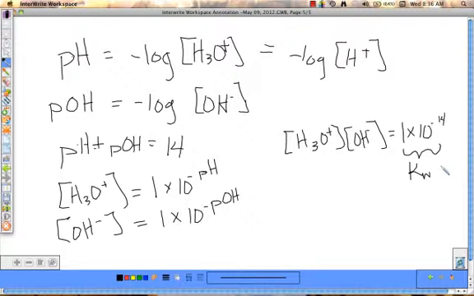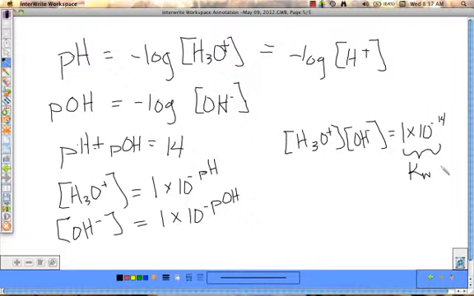It's 1 times 10 to the negative 14th. Is it a random number? No, it's always that because pure water is neutral. The concentrations of hydroxide and hydronium in water are each 1 times 10 to the negative 7th. So when you multiply those two together, you get 1 times 10 to the negative 14th for water.